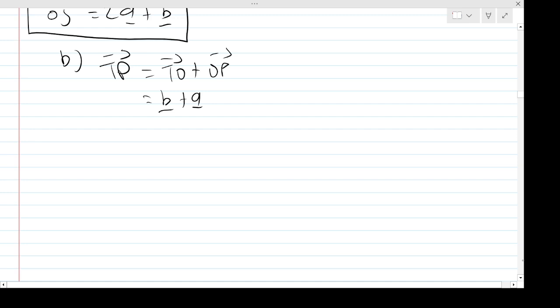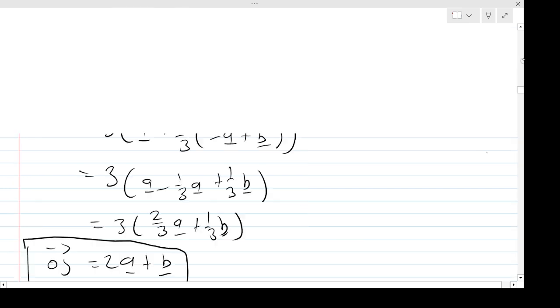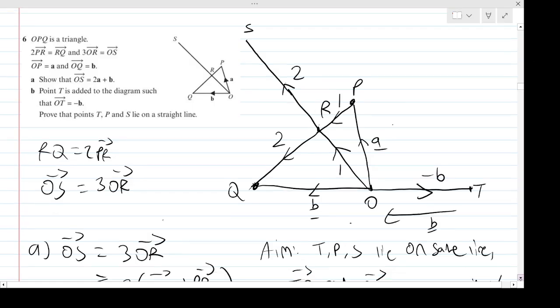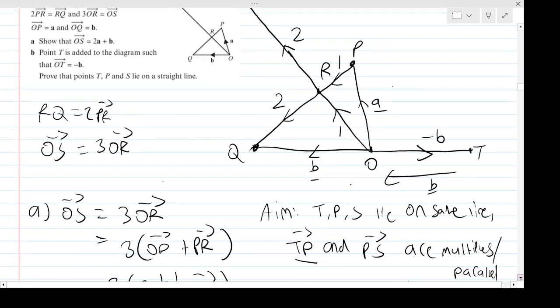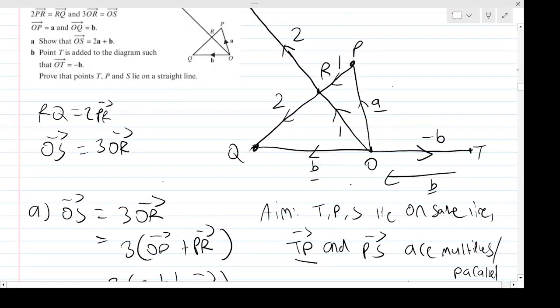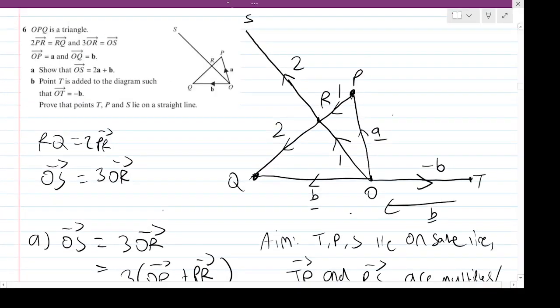That's my vector TP. But we also need to find another vector between TP and S. So I said, now let's find, say, PS, right? So PS then, if we then find that vector, we're going to start at P and end at S, right?